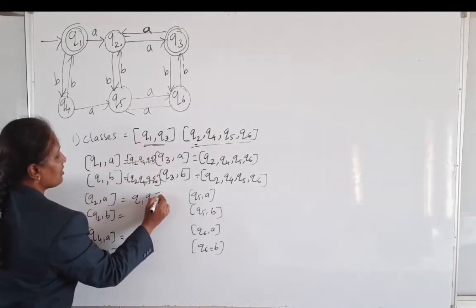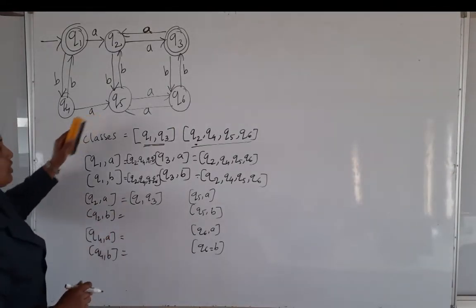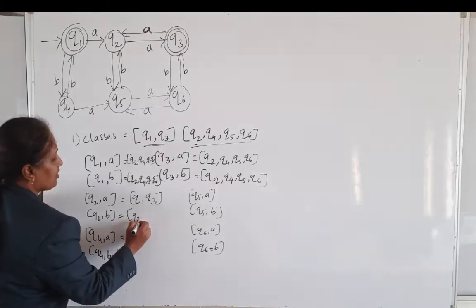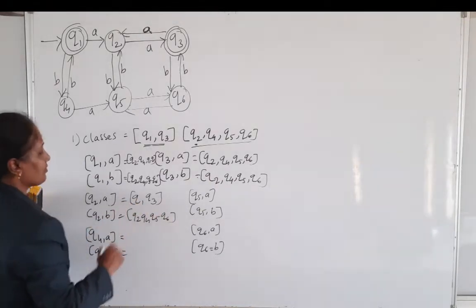So I will write the whole class here, Q1, Q3. Q2 of B, I reach Q5. So I will write Q2, Q4, Q5, Q6.